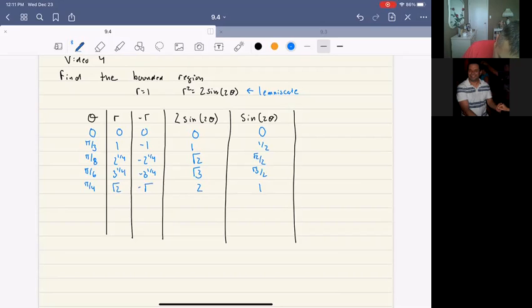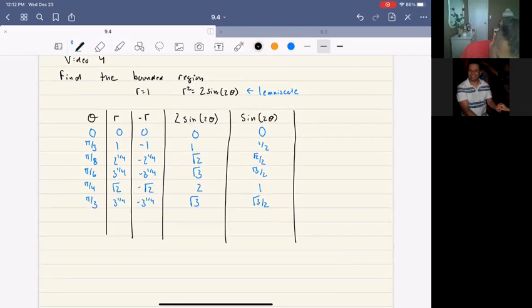Root 2, minus root 2. Okay. Next angle we know, 2 pi over 3. But we want to remember, we want to divide that by 2. So it's just going to be pi over 3. Okay, that's again root 3 over 2. Root 3 here. 3 to the 1/4, negative 3 to the 1/4.